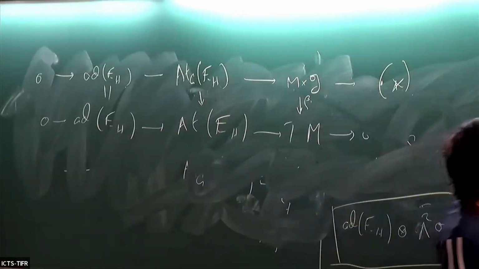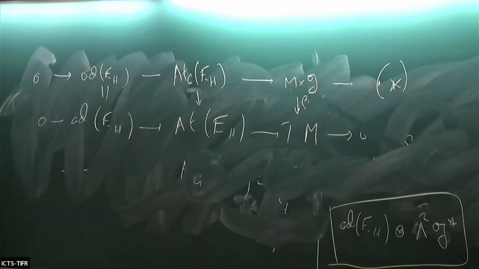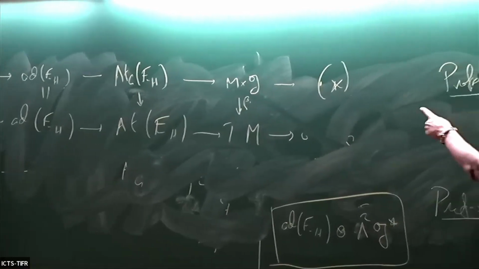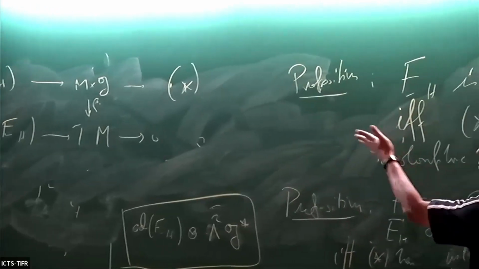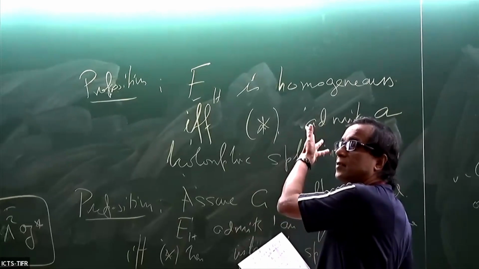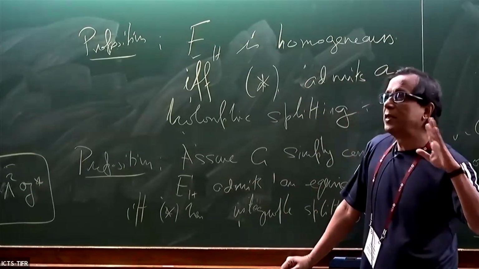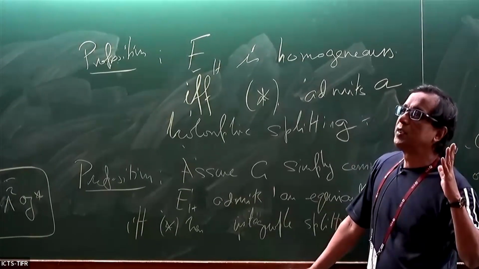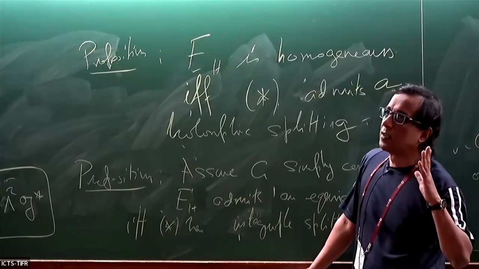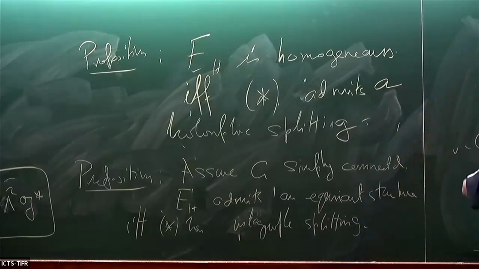So this says in the toric case, EH is homogeneous if and only if this has a holomorphic splitting. So this now becomes: if and only if the logarithmic Atiyah sequence has a holomorphic splitting. And we recall that the definition of logarithmic connection is a holomorphic splitting of the logarithmic Atiyah exact sequence. So the corollary is as follows.